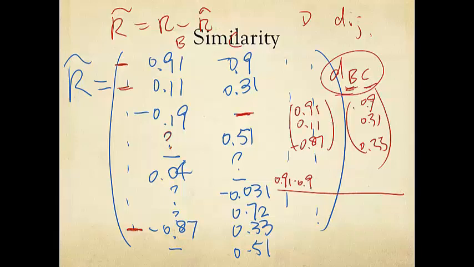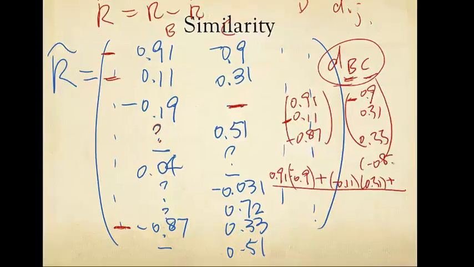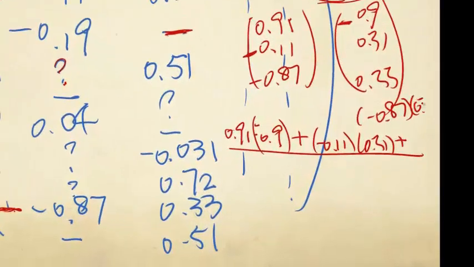Oh, I'm sorry, this is minus. I should say minus. This is also minus. So minus 0.9 plus minus 0.11, 0.31 plus minus 0.87 times 0.33, and then I have to normalize.